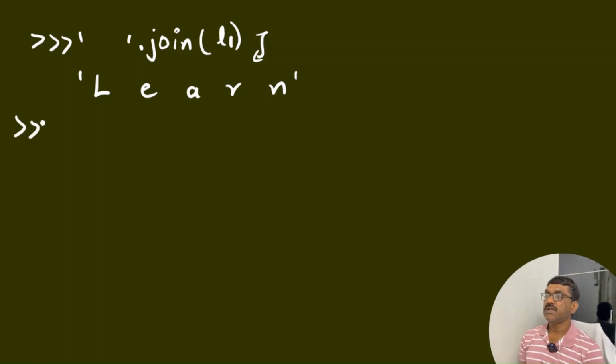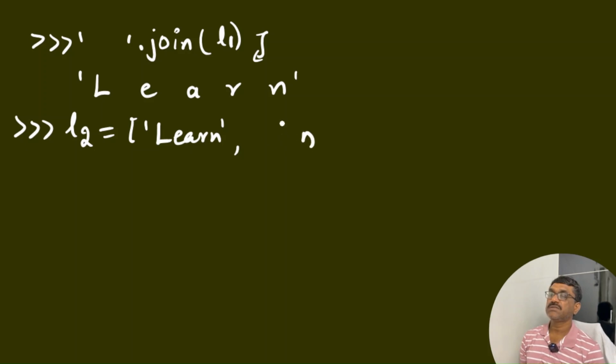Now, let us take another example. Take the list L2 equals to, in square brackets, I'm going to mention the first string like this. First item, learn, comma. Next item is N, comma. Here I'm using single quotes, and this is the second iterable, or second list, L2.